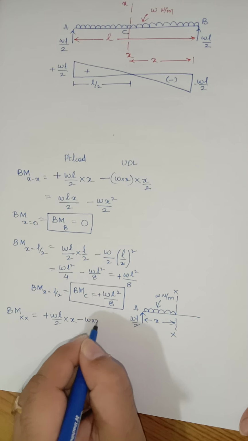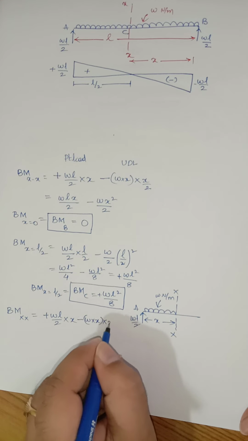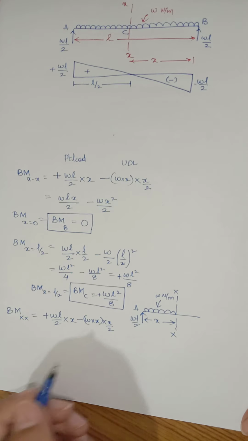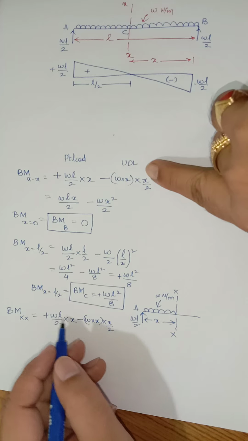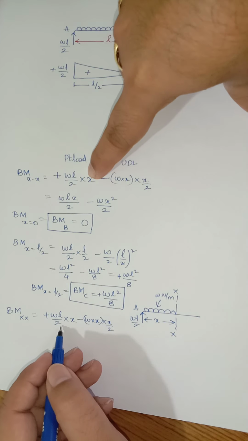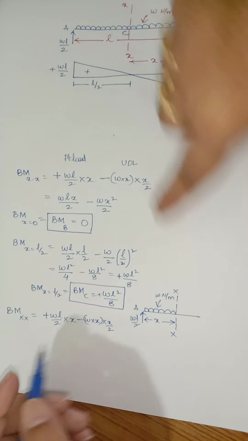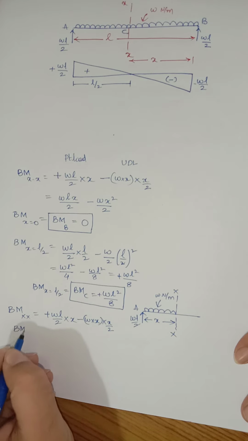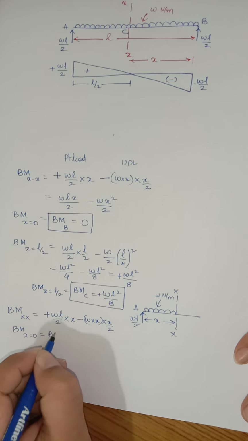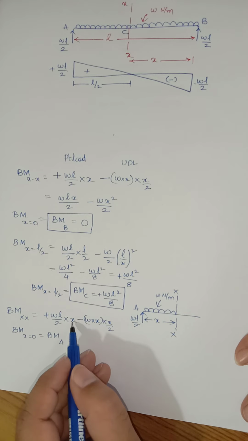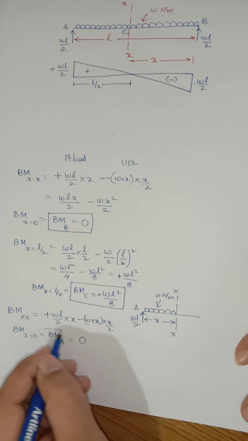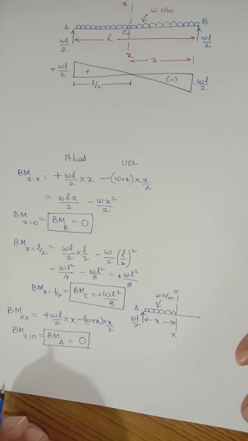Minus W into x, the intensity of load, multiplied by x by 2, the perpendicular distance. See, we got the same equation: WL into x divided by 2 minus Wx into x by 2. Same thing again, bending moment at a distance of x is equal to 0, that means bending moment at point A. Substitute x is equal to 0, you will get value 0. So bending moment at point A is equal to 0 again.